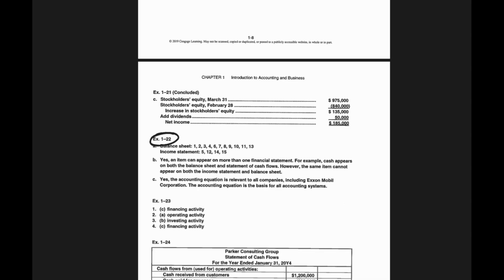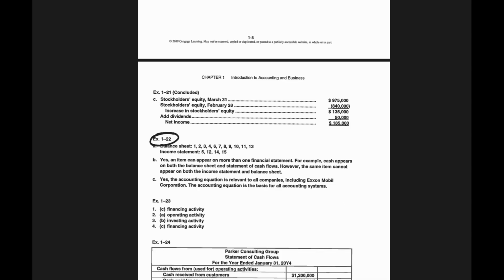You'll notice that prepaid is always an asset. Sales, so revenue on the income statement, and then selling expenses, the keyword there, expenses, also an income statement item.